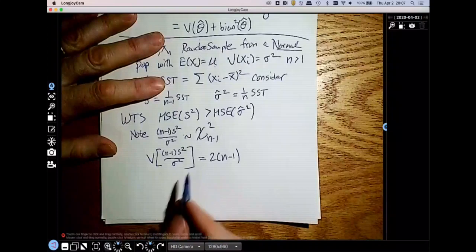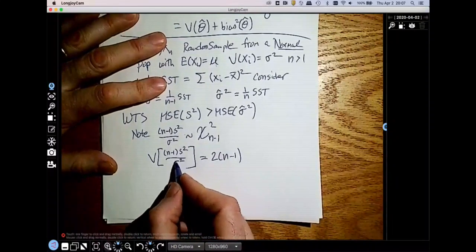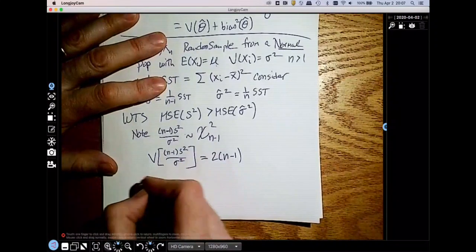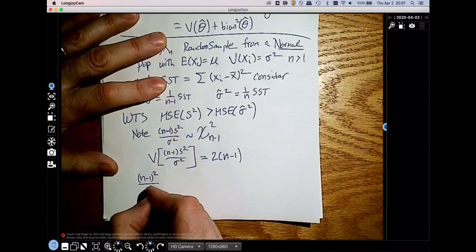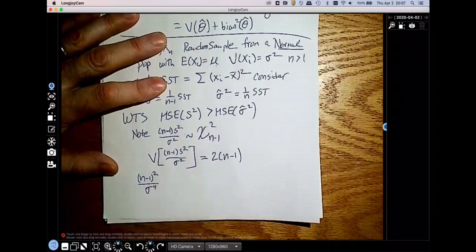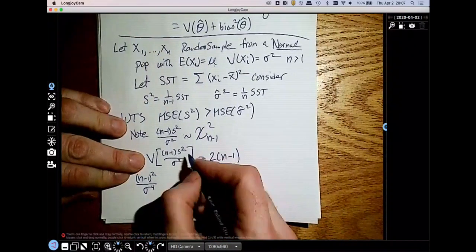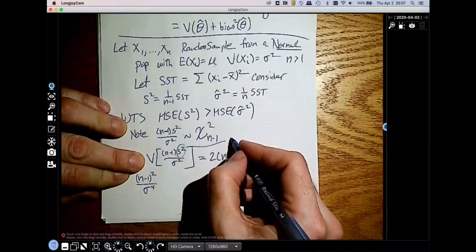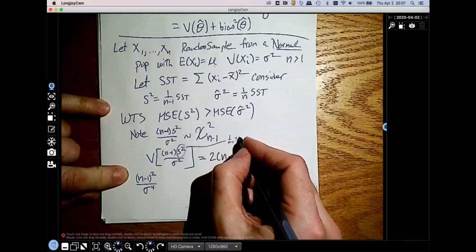Now what I'm going to do is a little bit of math on this. I'm going to pull sigma squared out, because that's just a constant. I'm going to pull the n minus 1 out. That's a constant. So n minus 1 squared divided by sigma squared squared is sigma to the 4th. And then what is s squared? Well, s squared is equal to what I just wrote over here, 1 over n minus 1 times SST.